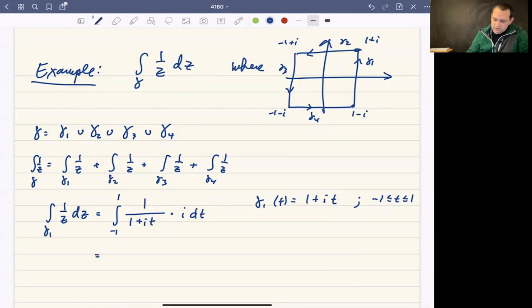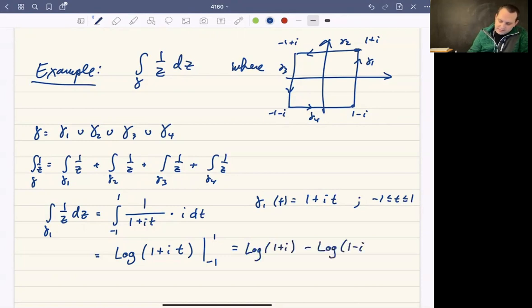So this is going to be the integral of, let's see, we're going to have the natural log of, well, I need to be a little bit careful here. Say the principal value of the natural log of 1 plus it divided by i, but we had the times i from before, so it can just be that, evaluated from negative 1 to 1. So let's just use the principal branch. This is going to be the log of 1 plus i minus the log of 1 minus i.